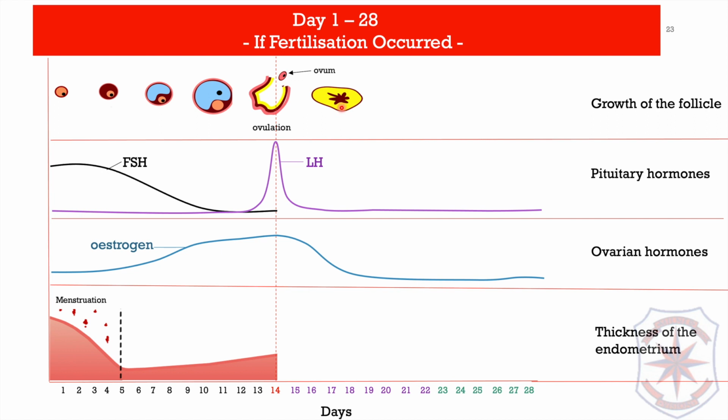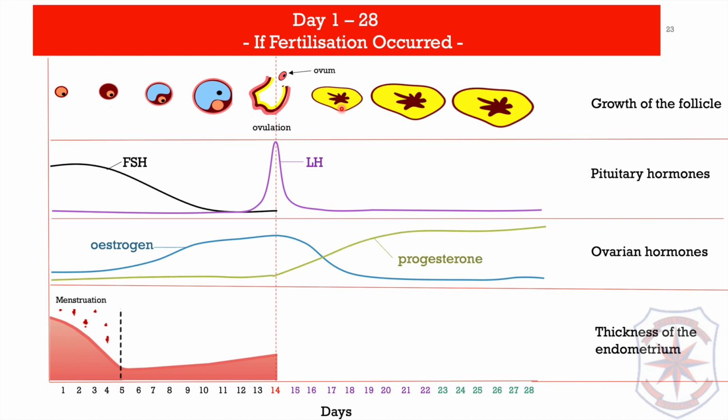Now we have a corpus luteum. Which hormone does the corpus luteum secrete? The corpus luteum secretes progesterone. So before day 14, before ovulation, progesterone levels were very low.